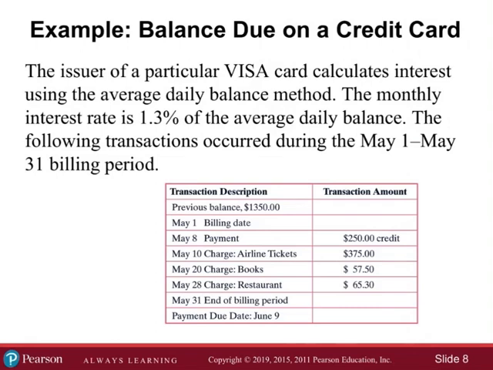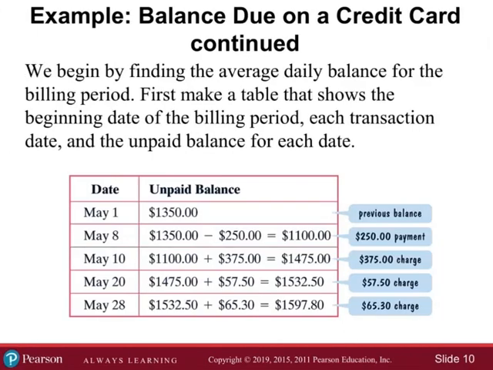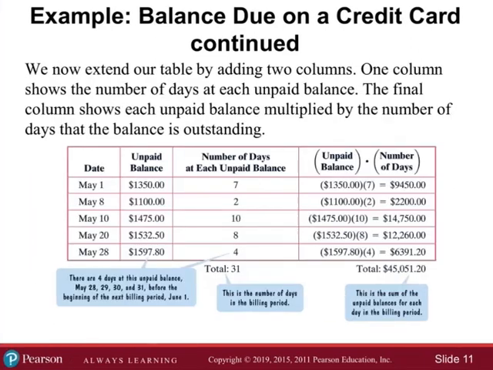So they start the billing period at 1350, and then they made a payment on the 8th. So was that 7 days at the 1350, right? I think this one's a little bit more accurate. So the unpaid balance was the 1350, and that was in there for 7 days.